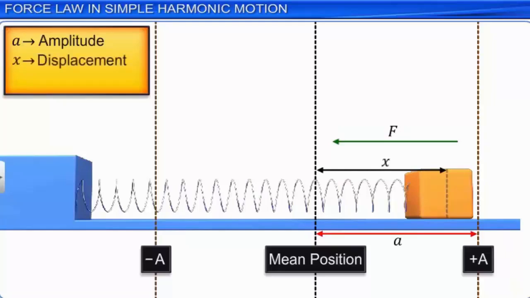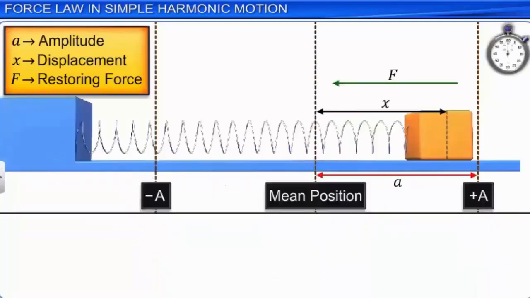Hence, this force is called the restoring force in simple harmonic motion. For simplicity, if we assume the initial phase phi to be 0, then the displacement of the body x of t is equal to a cos omega t.